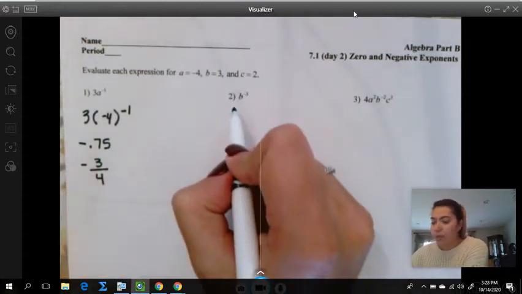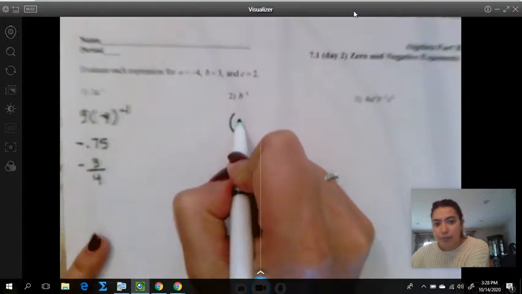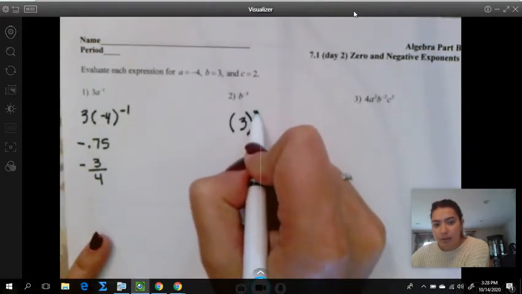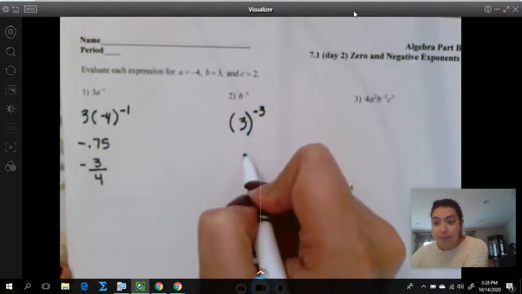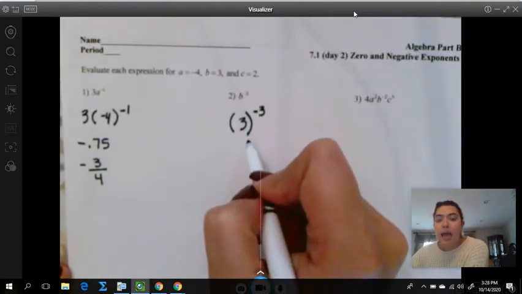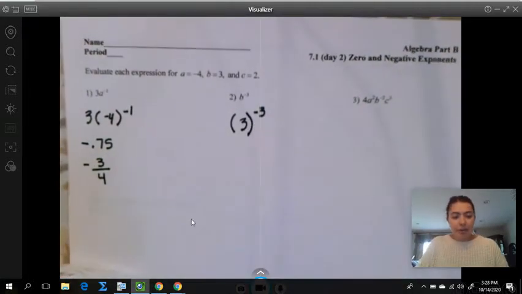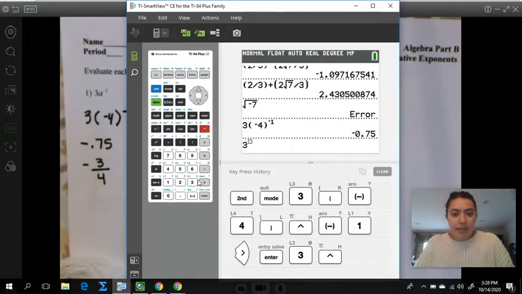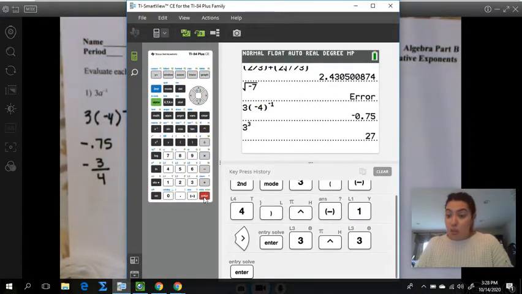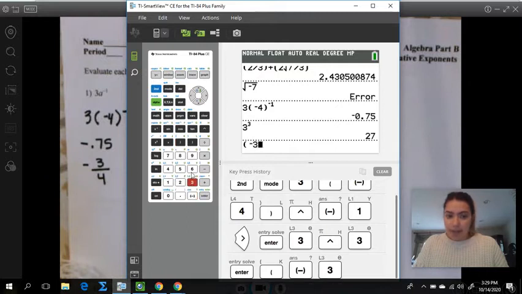Our next example is b raised to the negative third power. So if b is 3, we are moving this 3 down to the denominator, and we're raising that to a power of 3. If you take out your calculator, we know that 3 raised to the third power is 27. So let's see how that looks if we have 3 raised to the negative third power, like in our example.